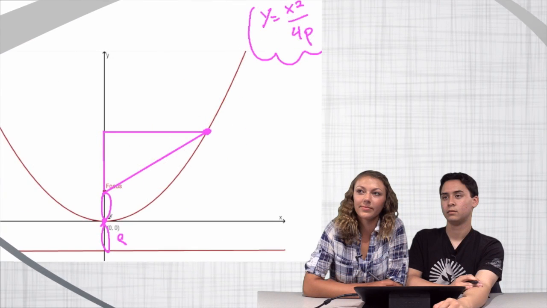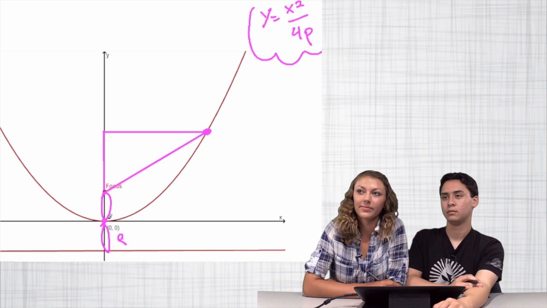Sasha and Keone began by identifying a right triangle so they could use the Pythagorean theorem. They applied what they learned previously to find the length of each side, but this time they worked with an unknown distance between the focus and the vertex, which was represented as p.